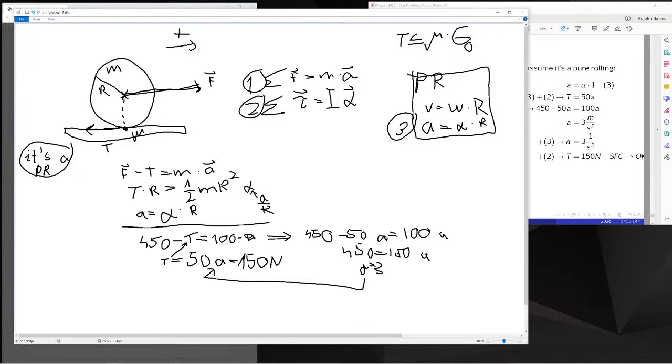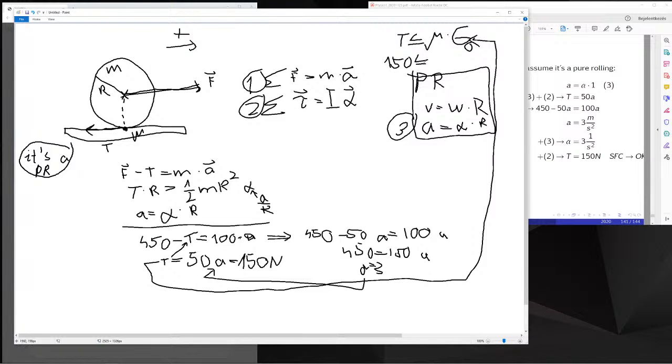We should check whether the static friction can be large enough. This is 150, has to be smaller or equal to 0.6 times the weight. The weight is 1000 Newtons, so this is 600 Newtons, which is true.